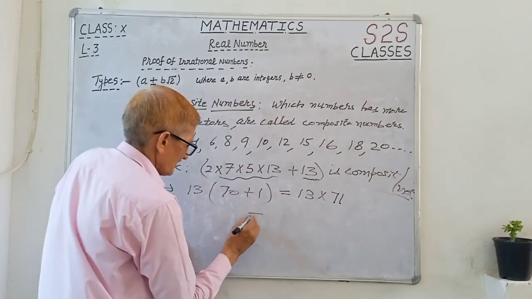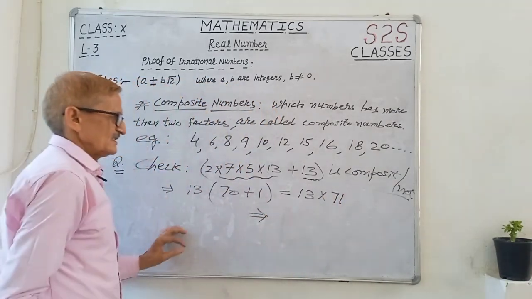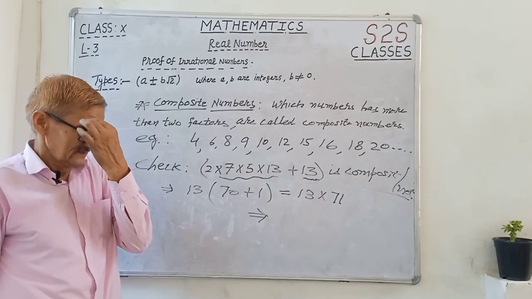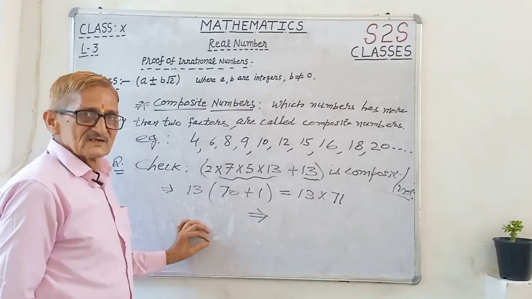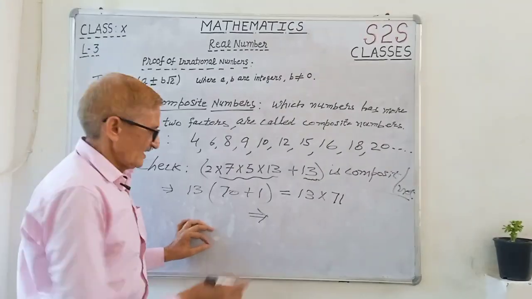So here how many factors are there? It is divisible by 13 and 71 and 1.